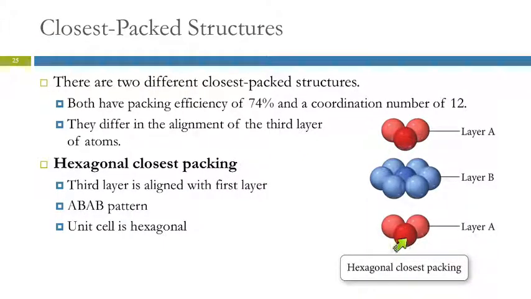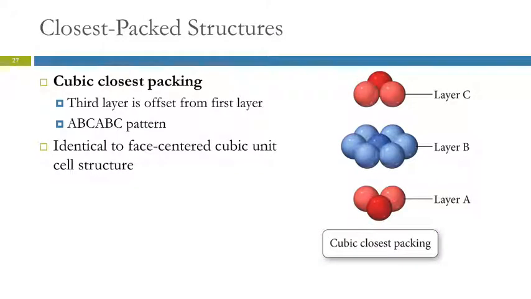So if we're looking at the first layer and the third layer, here they are exactly the same. In this cubic closest packing, they are not exactly the same. This one is offset. So this is an ABC pattern. This is identical to face-centered cubic. You're like, I don't see that. I don't expect you to see that.